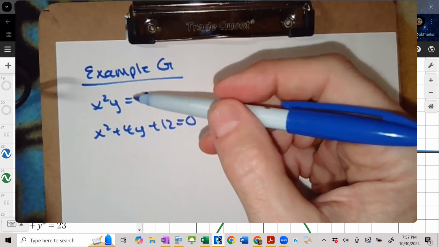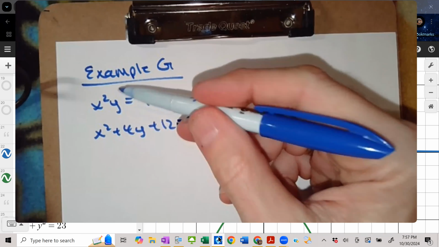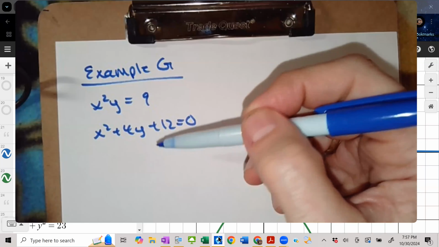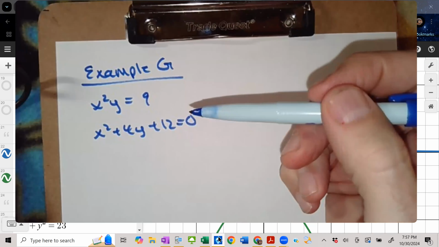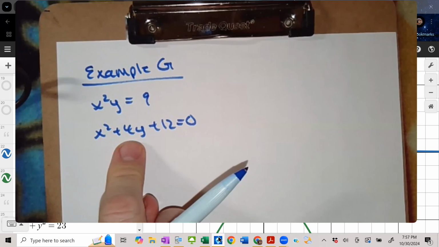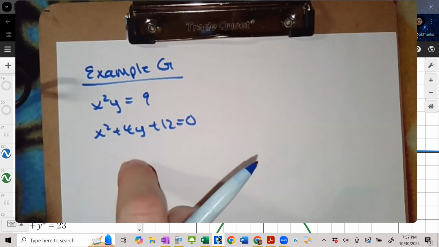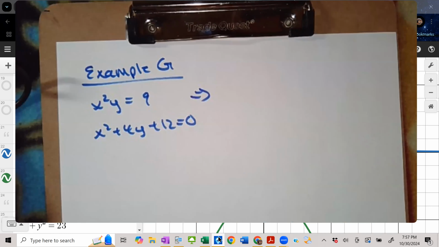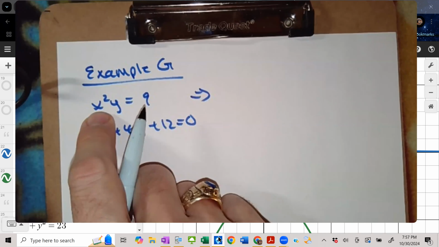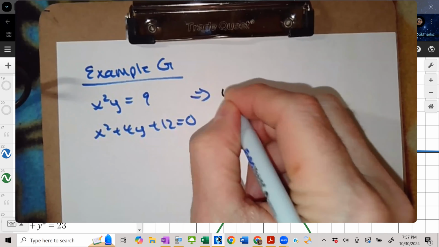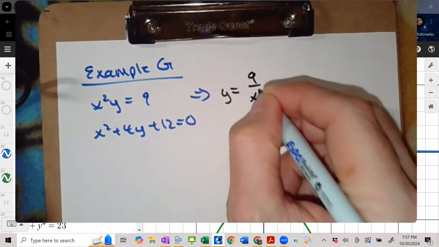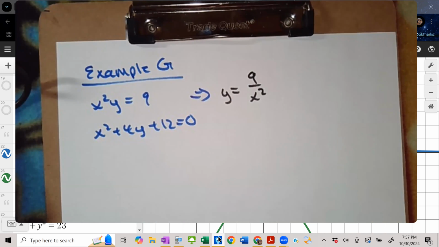Well, I can't add a multiple of this equation to this equation to get something to cancel out. So the best thing I can do would be to solve for one of the variables and substitute it into the other equation. Now, the first thing that occurs to me is that it's very easy to get y by itself. So if I divide both sides of this by x squared, I can get y equals 9 over x squared. Okay. Let's substitute that into the other equation.